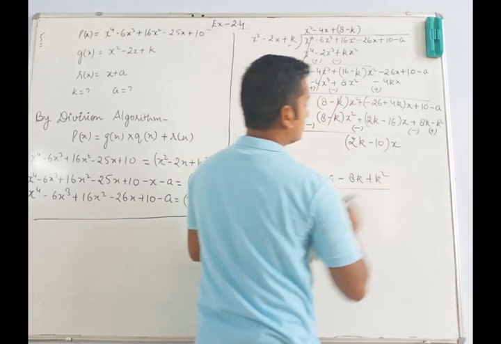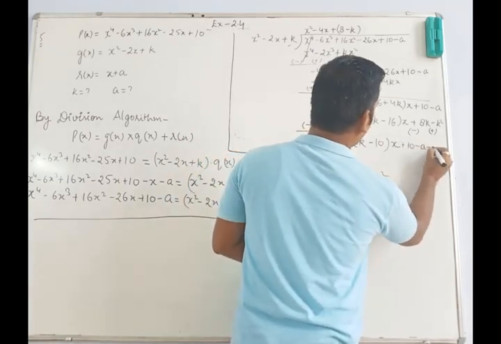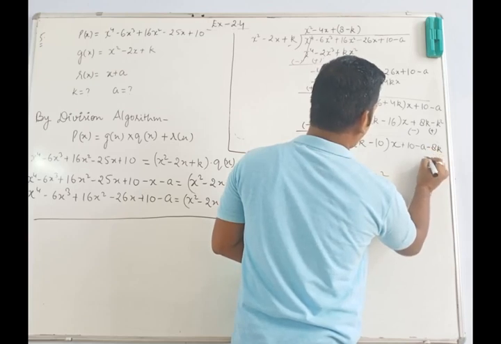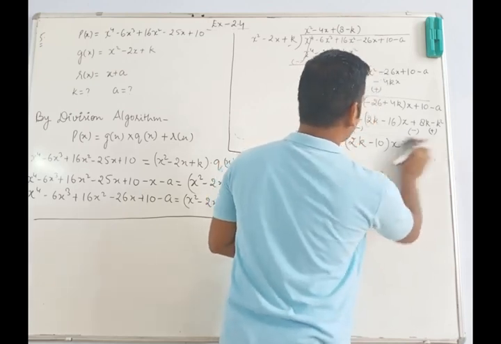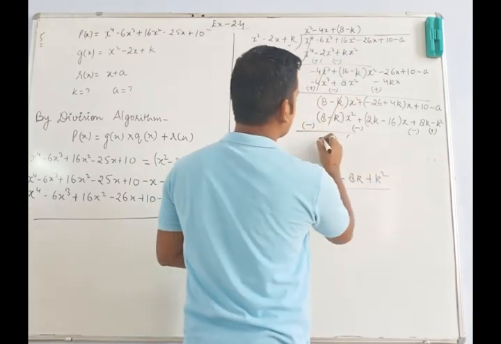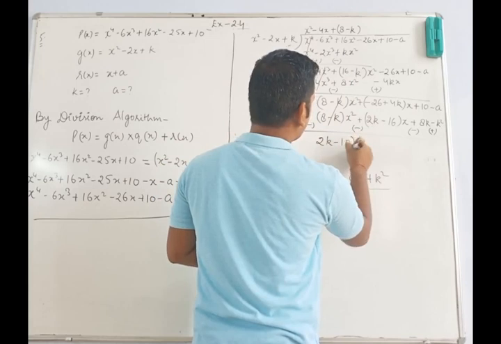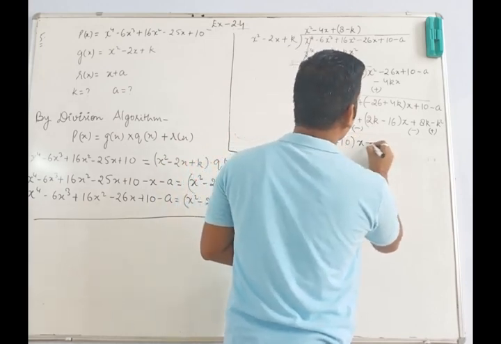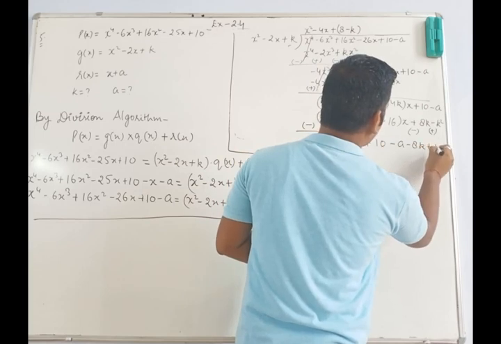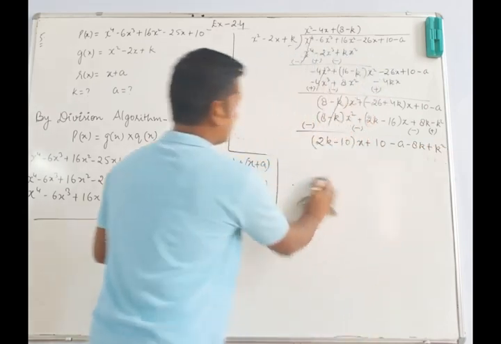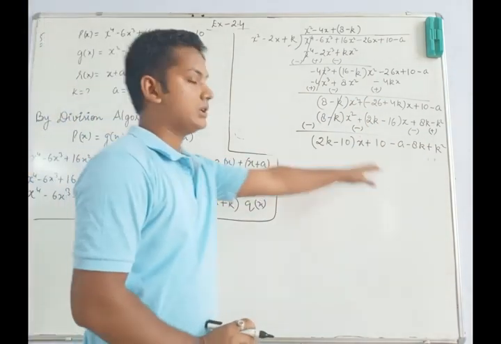Now (2k minus 10) x and plus 10 minus a minus 8k plus k square. Now we cannot eliminate this one element.